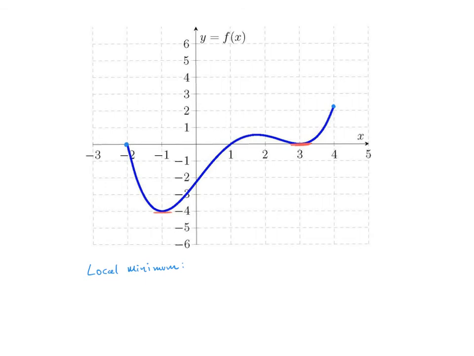So the local minimum will be -4 when x equals -1. And the other one will be 0 when x is equal to 3. Or you can write this one like f of -1 equals -4 is a local minimum, or f of 3 equals 0 is also a local minimum.